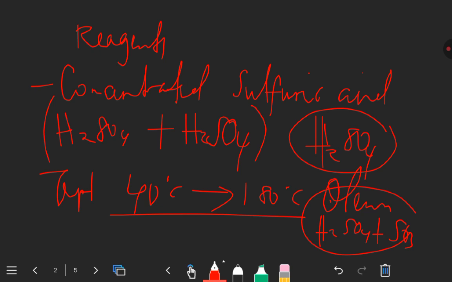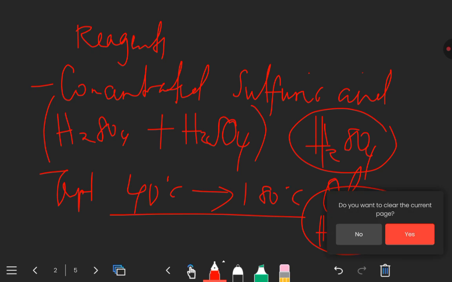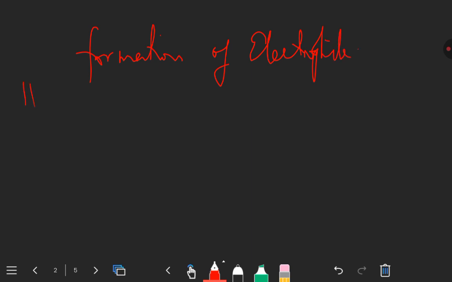do the reaction. Okay, so the first thing I want us to understand here is how we form the electrophile, which is just in the sulfonation of benzene. So formation of the electrophile. So as I said earlier, we use sulfuric acid, but you know that sulfuric acid is written like this.